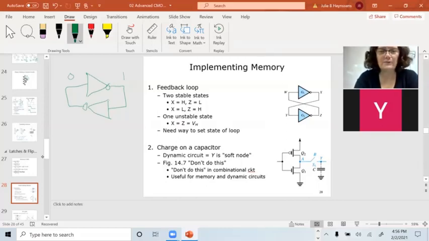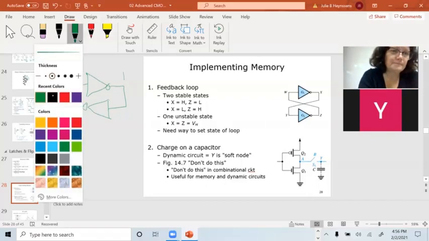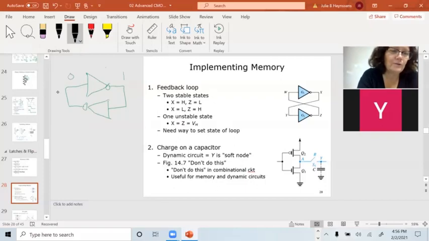It's logic with feedback. Now there's another stable state. I could have a 1 here and a 0 here. In that case, my 1 gets inverted, becomes a 0, goes back in here, becomes a 1. And it maintains that state because those are the only 2 stable states there are.